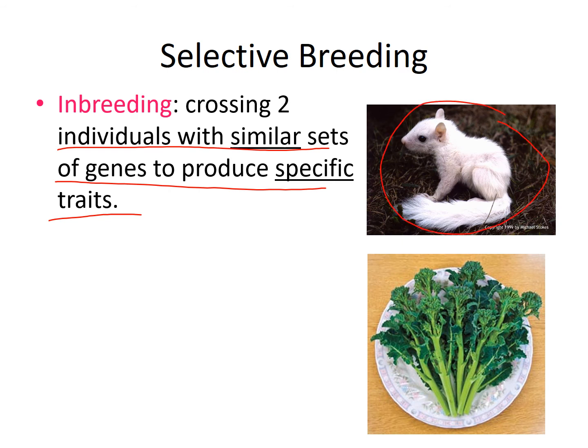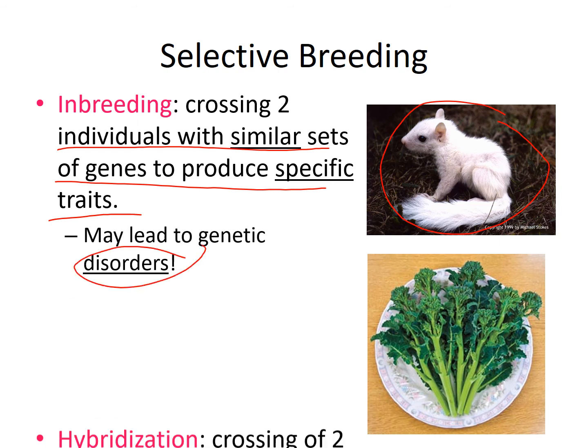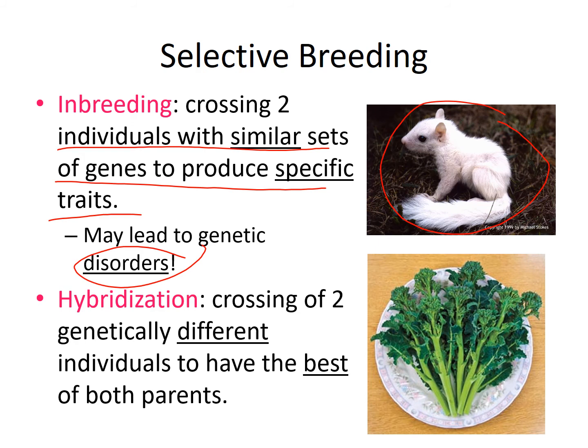Now we have an albino squirrel because it probably mixed with a sister or brother when they had babies. So when you have incest or interbreeding, that's basically the same thing. There's a genetic mutation, so it's too much. Definitely going to lead to many genetic disorders. And hybridization is crossing 2 genetically different individuals.